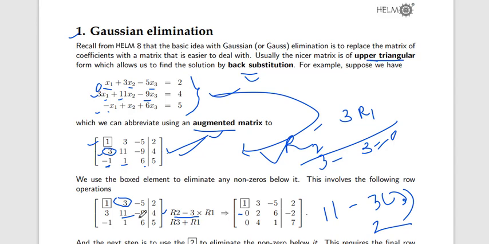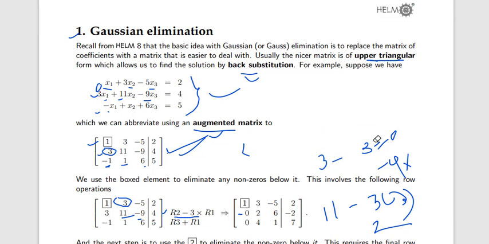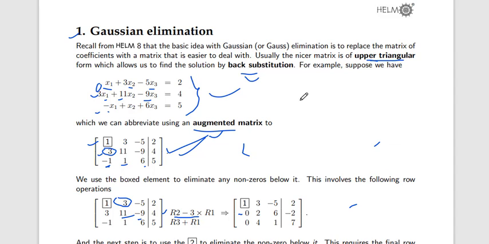Then -9 minus 3 into -5. Here minus and minus make plus, so -9 plus 15 is equal to 6.